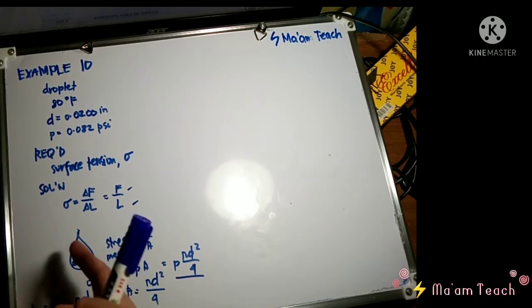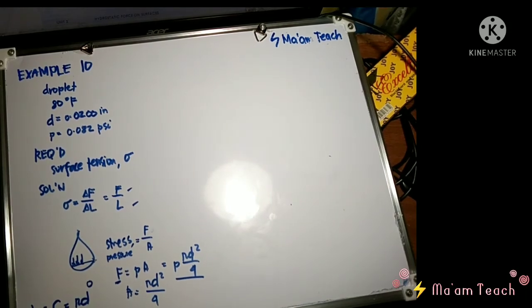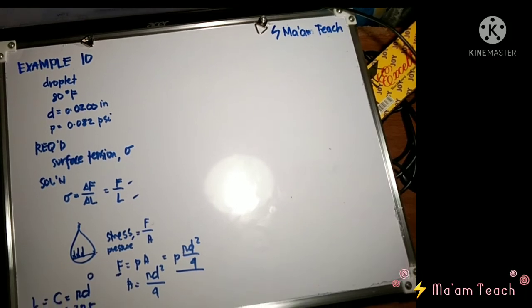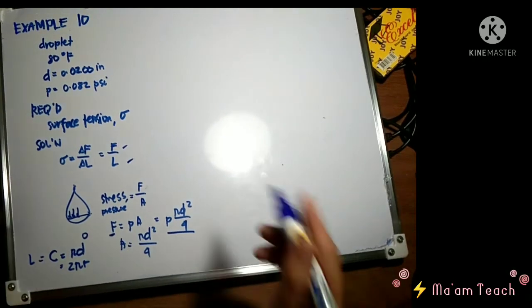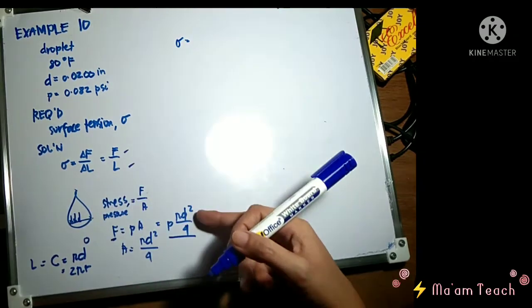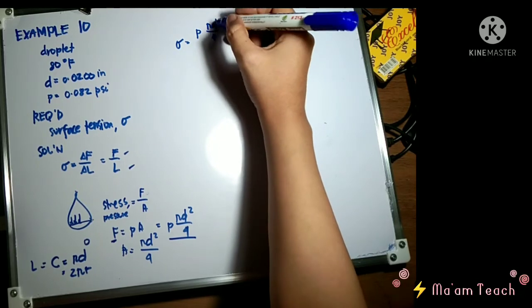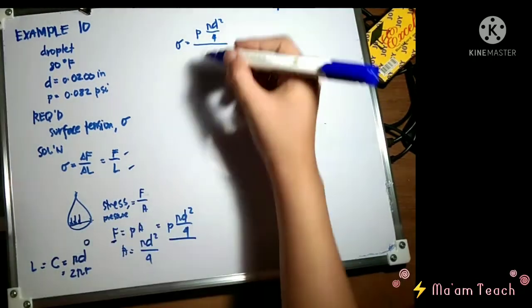It's because the circumference is the perimeter, the one that goes around our circle, and it refers to the length like we have said. Now, going back to our original formula, substituting, surface tension is the F, which is pressure times pi d squared all over 4, all over your length, which is pi d.